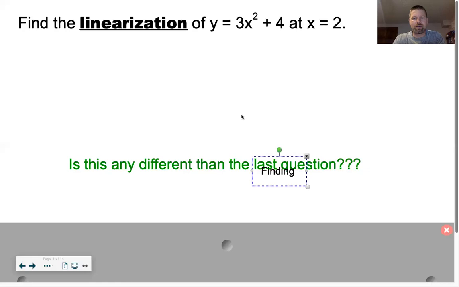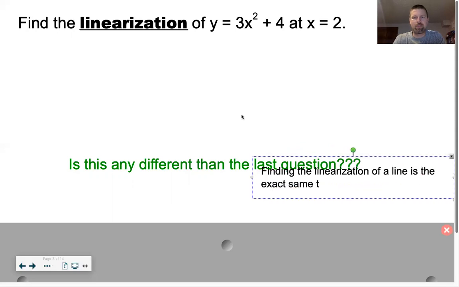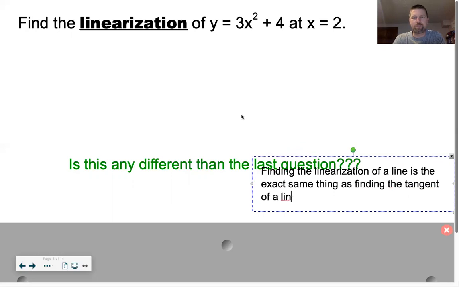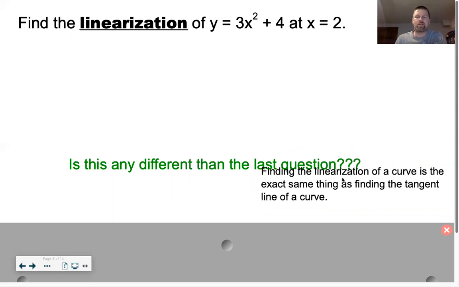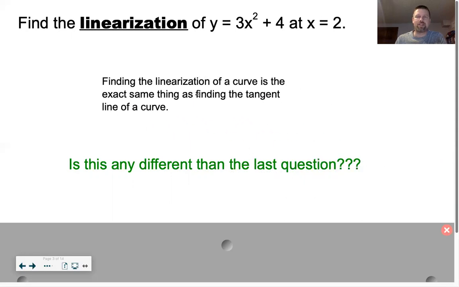Finding the tangent line of a curve is the exact same thing as finding the linearization of a curve. Linearization of a line would be kind of silly as it is already linear.